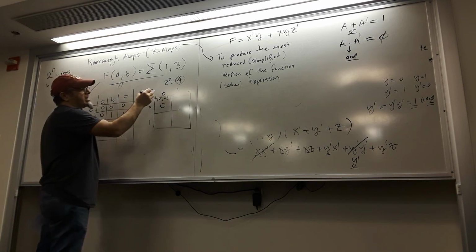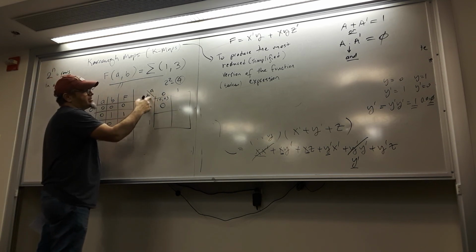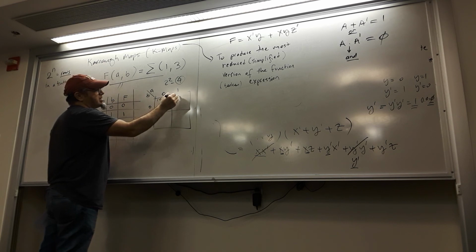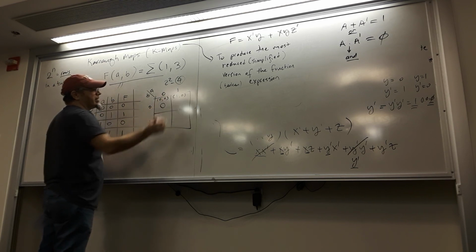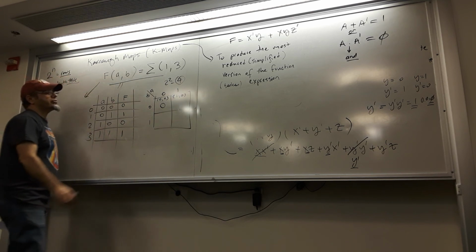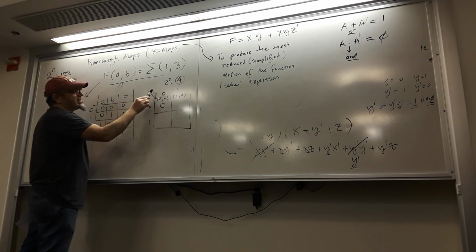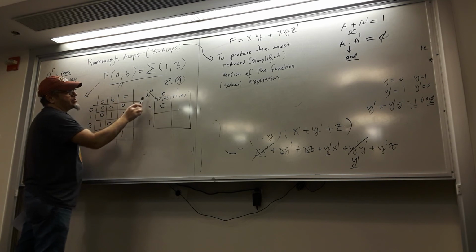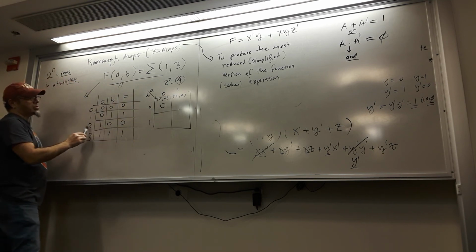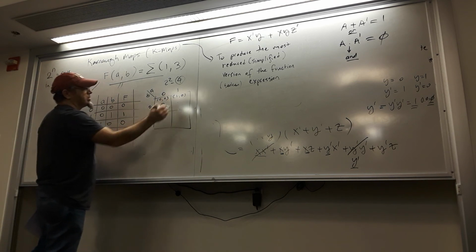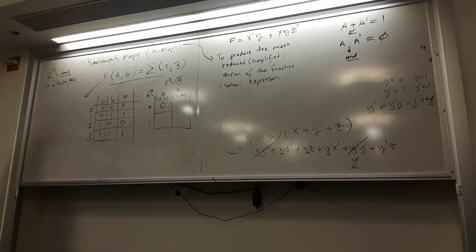So you always read in order, A, B, right? So this is going to be 0, uh-oh. You see that? I made the mistake myself right after telling you. That is for the row where A is 1 and B is 0, which is row number 2. Shouldn't A be on the bottom and B on the top? Doesn't matter.